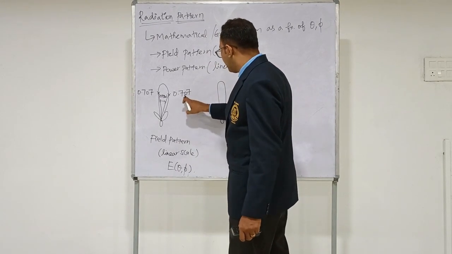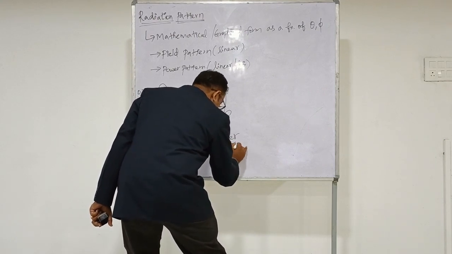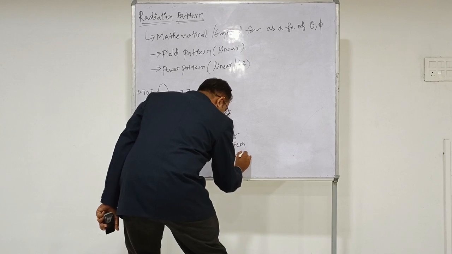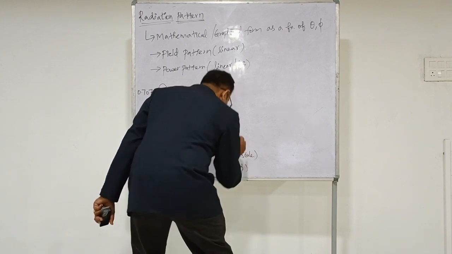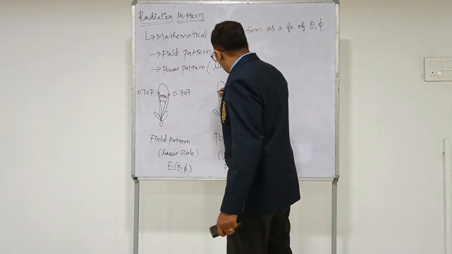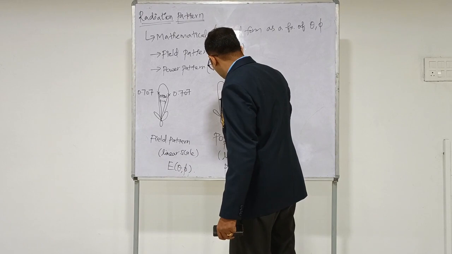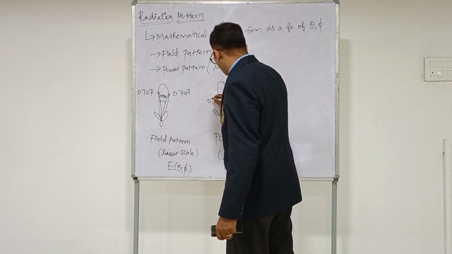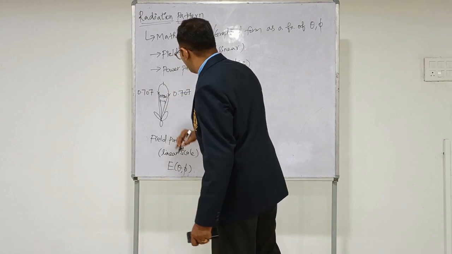Instead of choosing 0.707 for power pattern, this is in linear scale, so P of theta comma phi. In order to locate half power points, I'll simply use 0.5. So this will be 0.5, this will be 0.5, provided this is a normalized value, this is unity here, this is unity here.